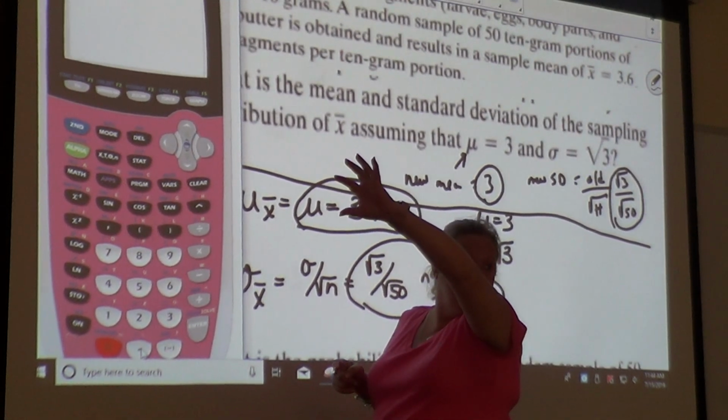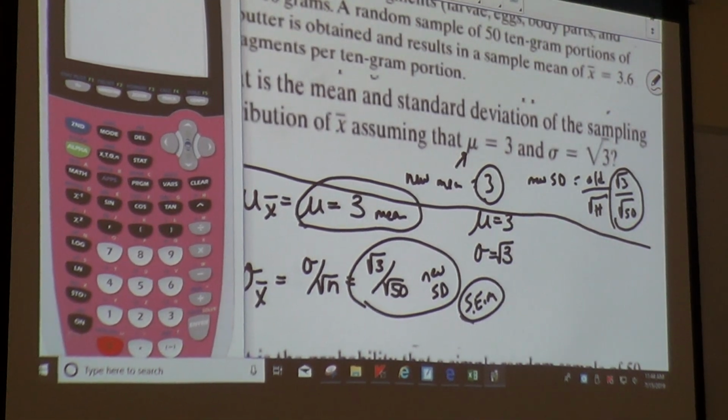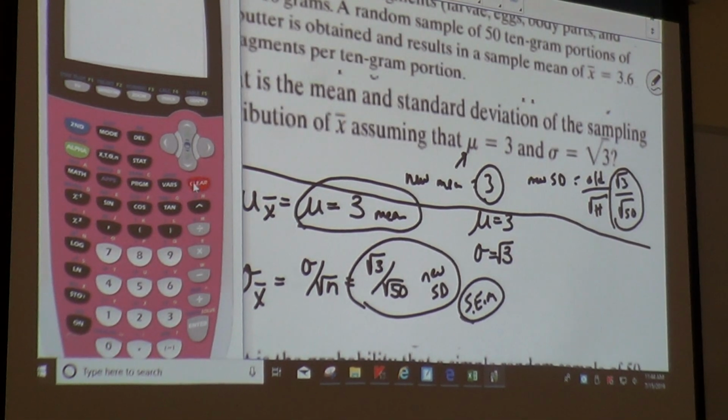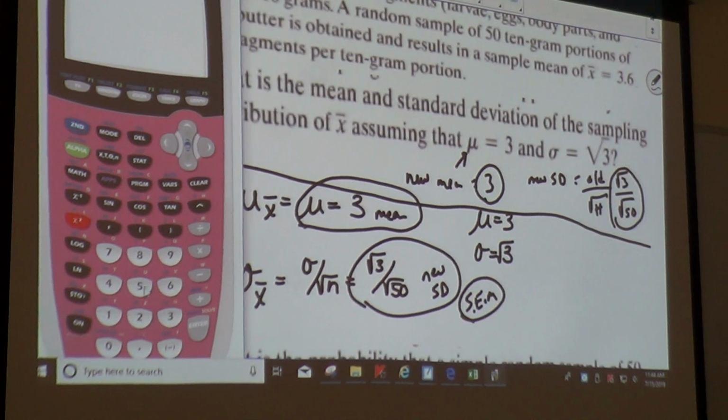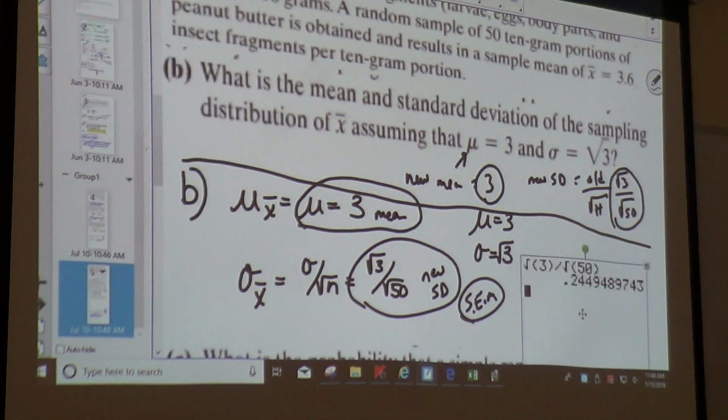Y'all with me? So this is going to be totally wrong. What you have to do is say, I want to do the square root of 3 and close what's in that square root. Then divide it by the square root of 50 and close what's in that square root.